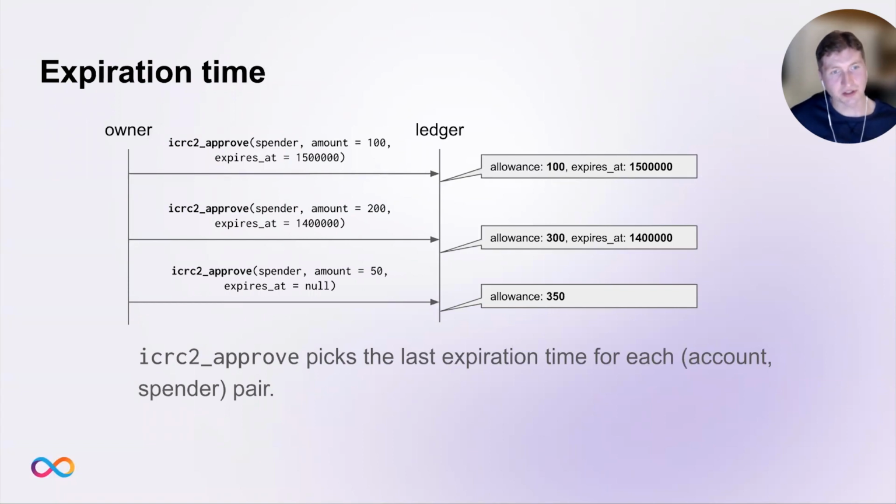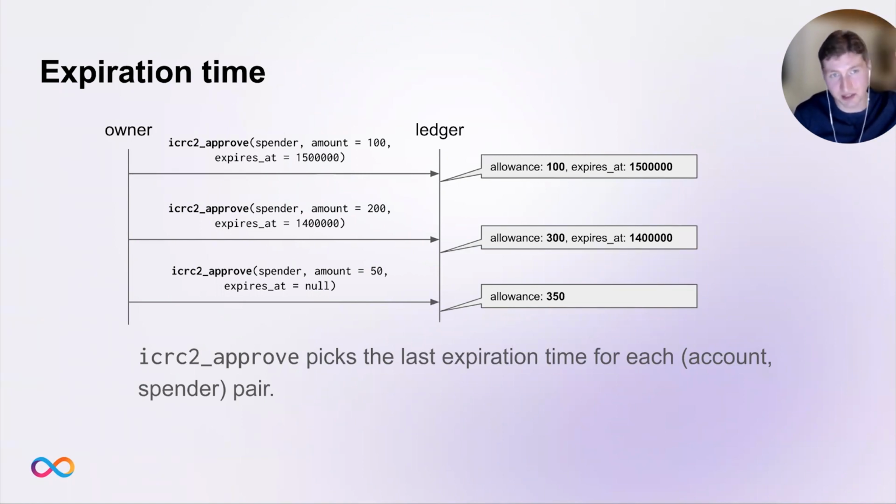Another feature we have is expiration times, and they have slightly different semantics. For expiration times, we don't add them, or pick the biggest one, we just pick the latest one. So we look at all your approval requests in the order in which they appear on the ledger, and the latest expiration time wins.